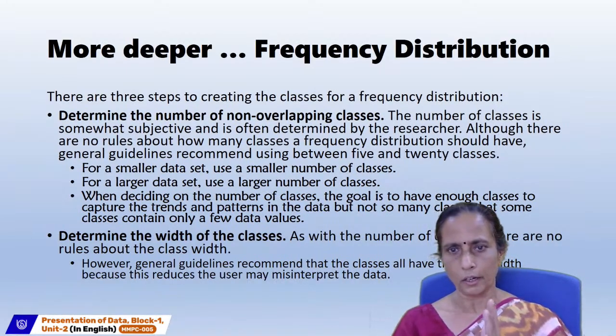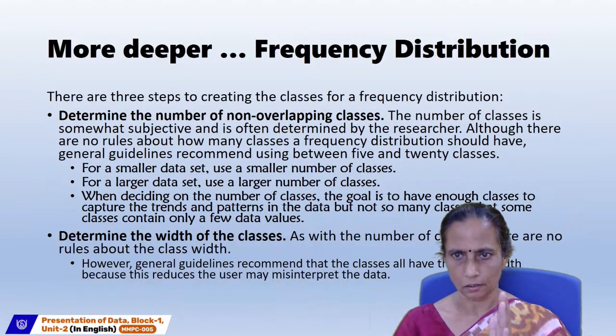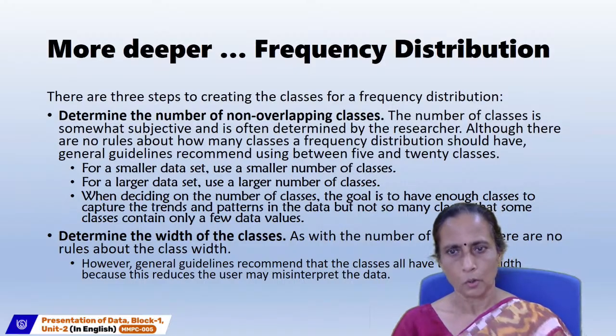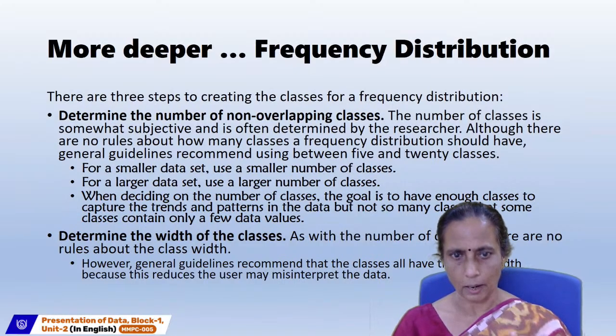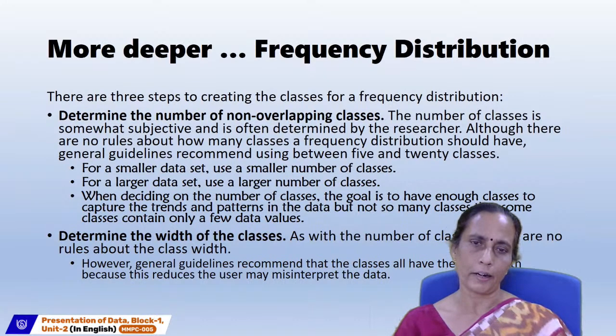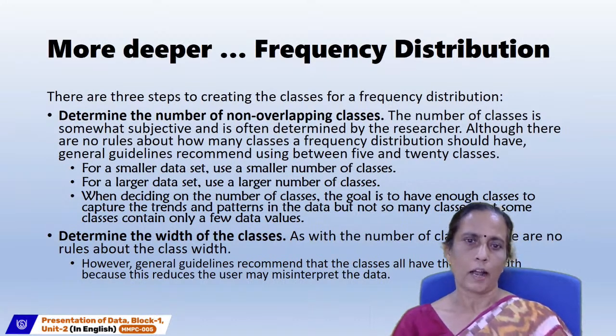So this depends on the researcher or decision maker who is tabulating the data. Although there are no rules about how many classes a frequency distribution should have, the general guidelines recommend that it should be between 5 and 20.